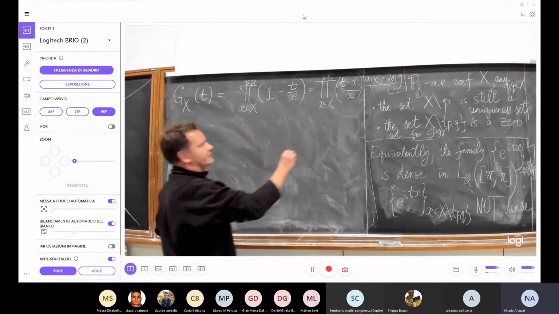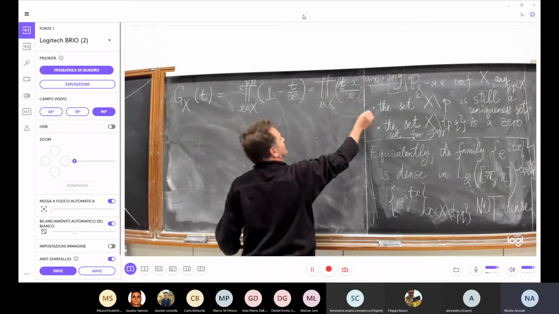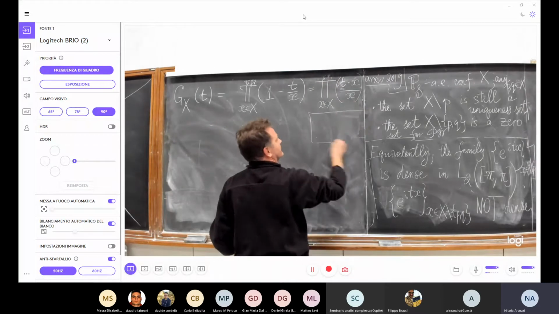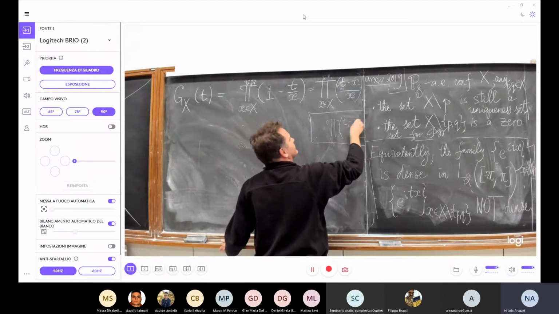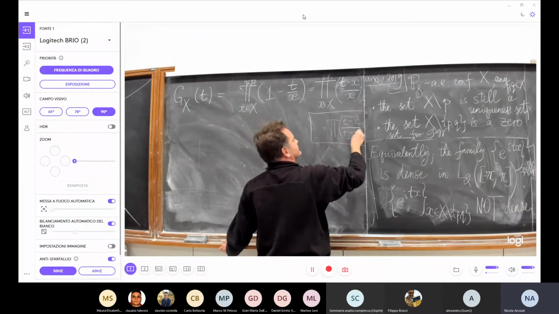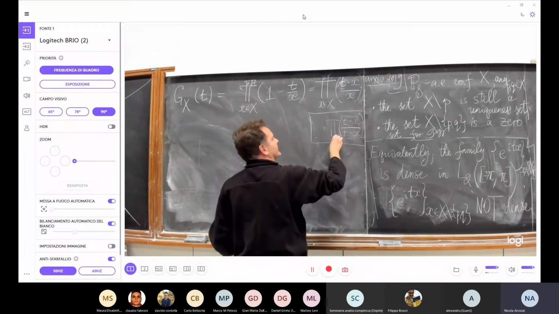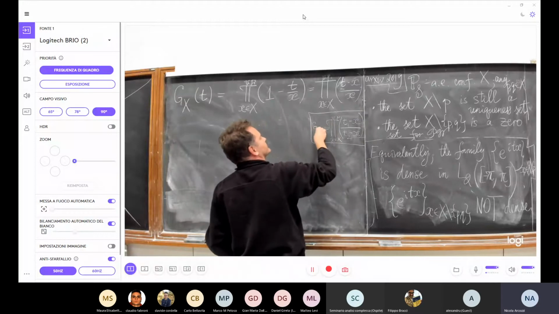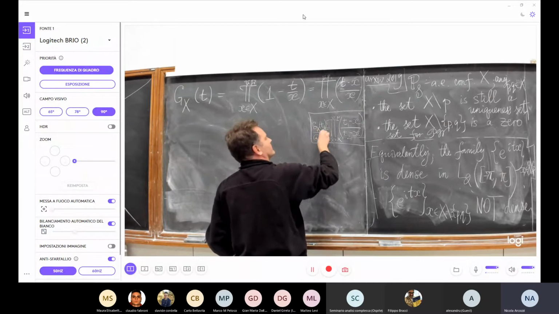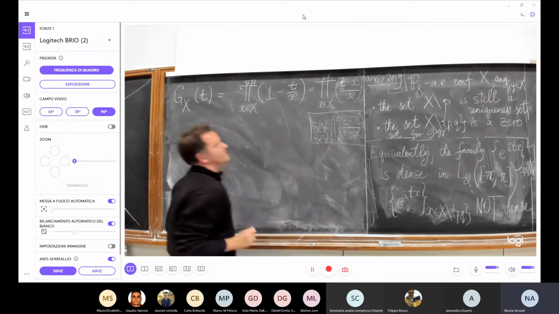Let me point out that a product like this, (t1 minus x)(t2 minus x) over x, with x in principal value, is nothing but G_X of t1 over G_X of t2. There we go.